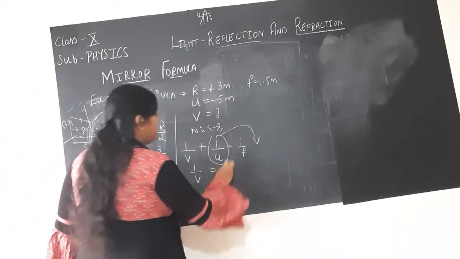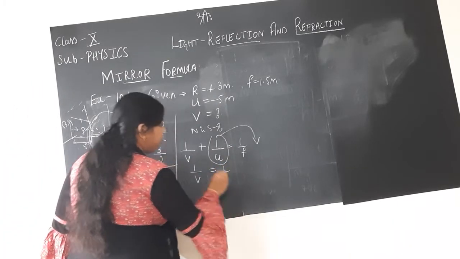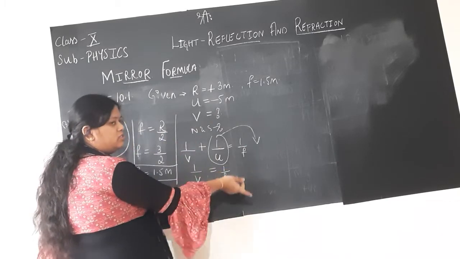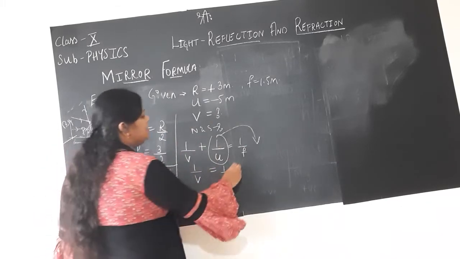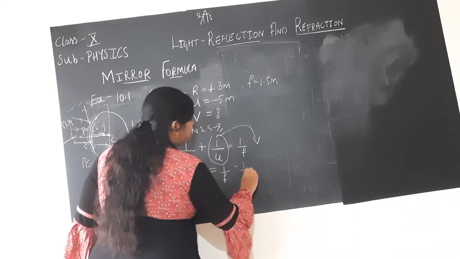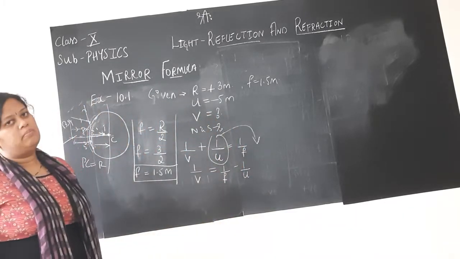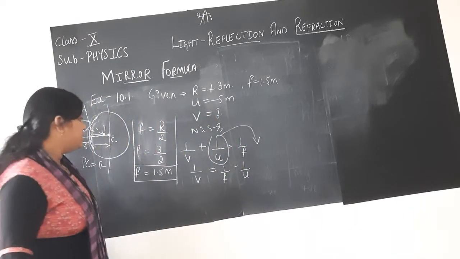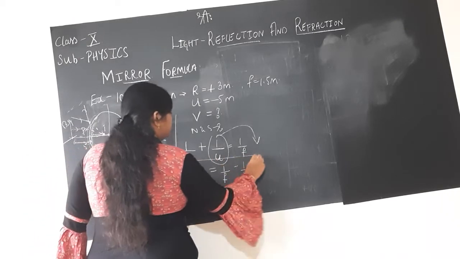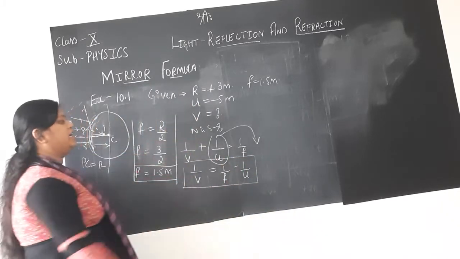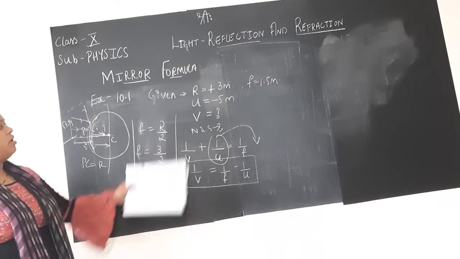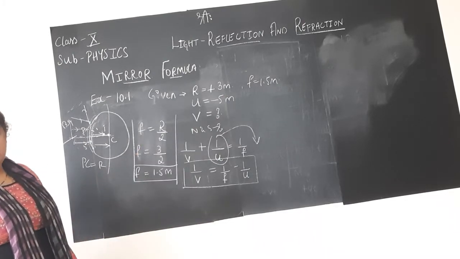On the RHS we already have 1 by f plus 1 by u. When you shift it to the RHS, its sign will change, so plus 1 by u becomes minus 1 by u. So this is the formula where we need to substitute the given quantities and find the first unknown quantity, image distance v, children.